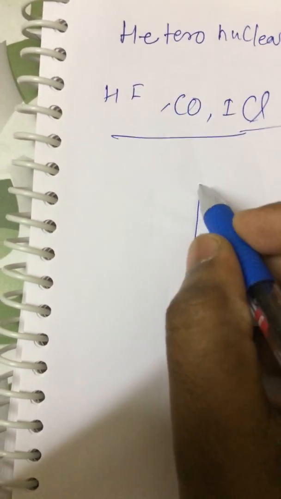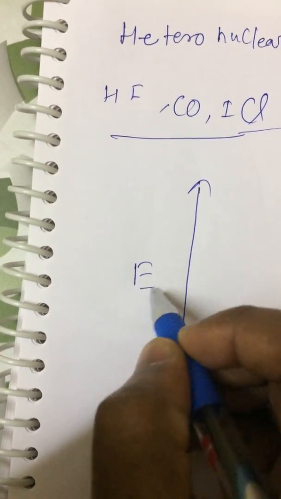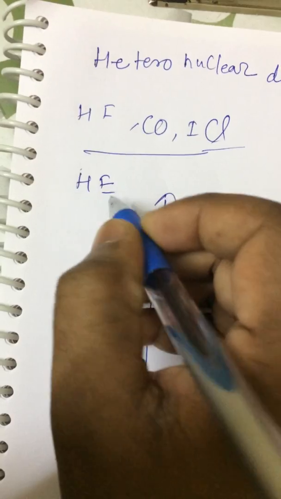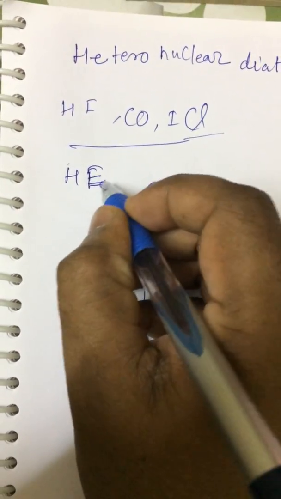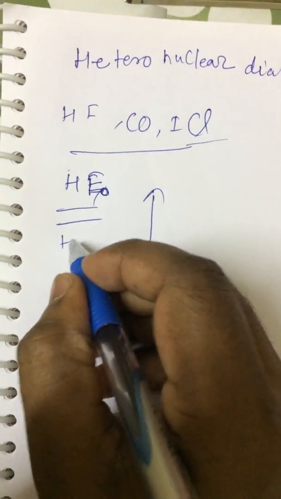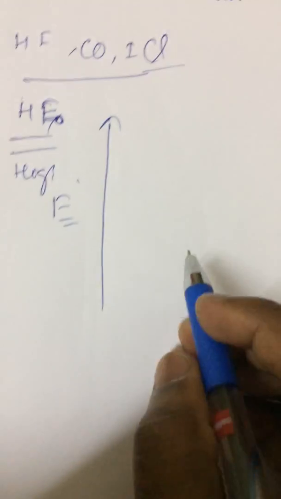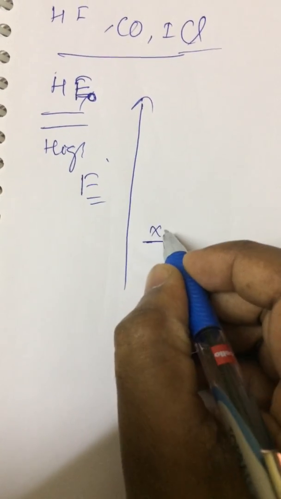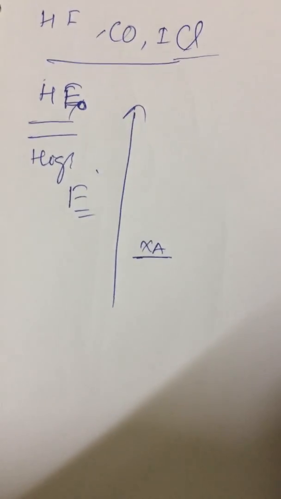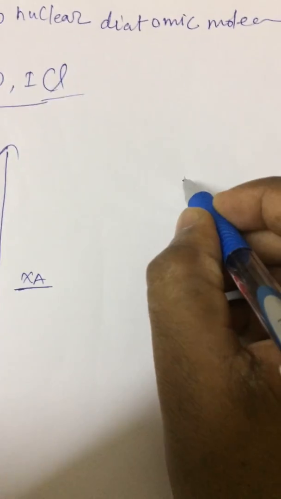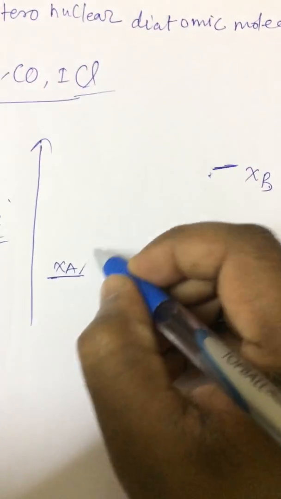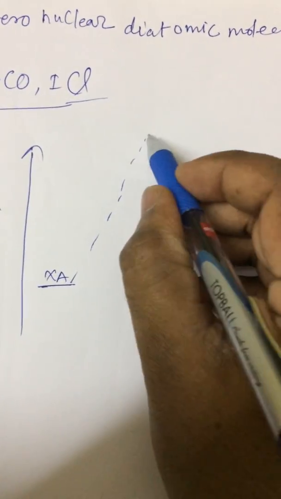If I try to draw the energy level diagram, it should be like this. Say for the HF molecule, the higher energy orbital of HA is here, and HB should not be equal, it should be here. So this will be the orbital overlapping.